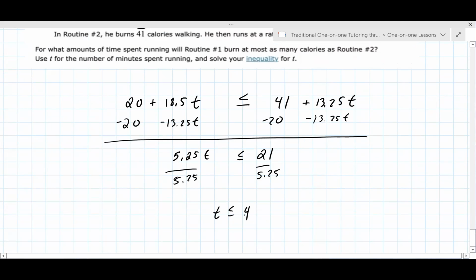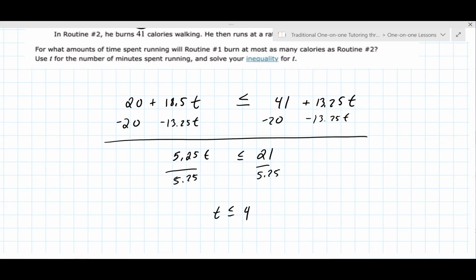Now I'll see if that's correct. I don't like when it says at most as many, all that wording confuses me. Okay, that was correct. Good.